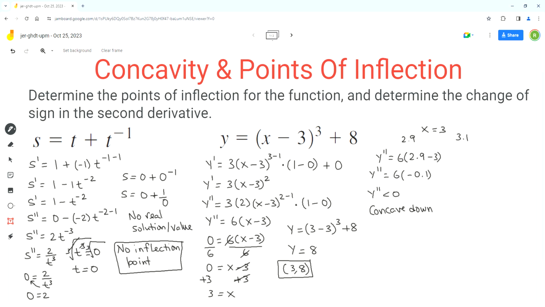Now we can analyze the right side. So we'll sub in x as 3.1 in the second derivative of y. So 3.1 minus 3 is 0.1. So on the right side, the second derivative of y is greater than 0. That means on the right side, the curve concaves up.